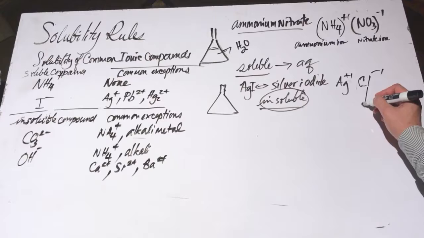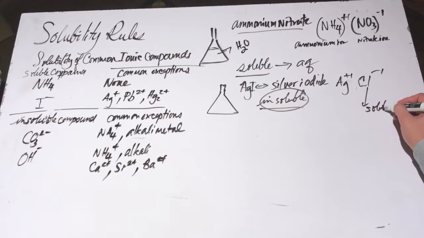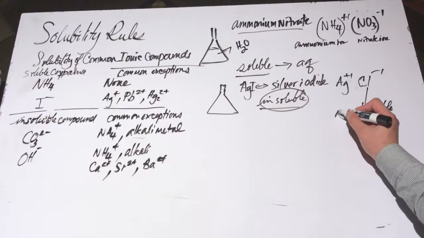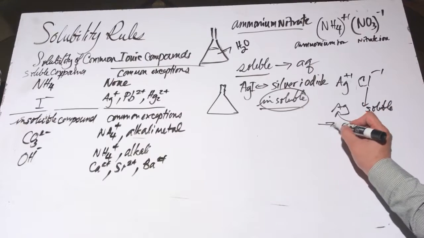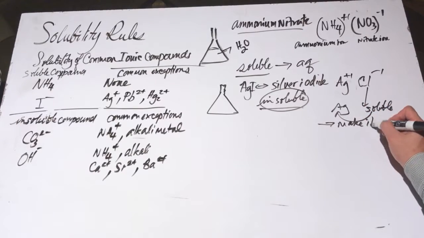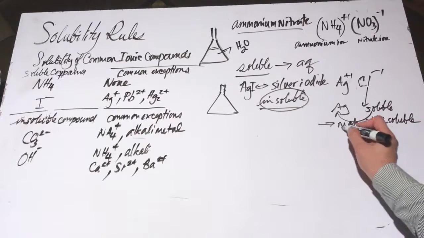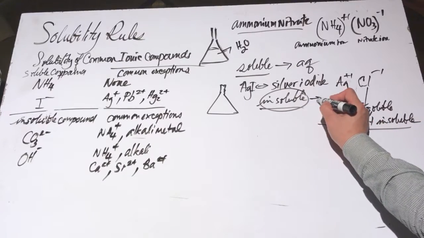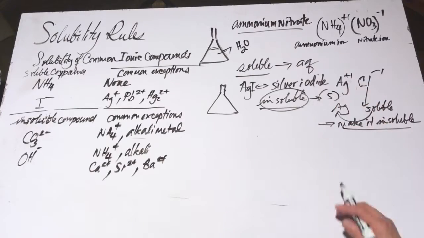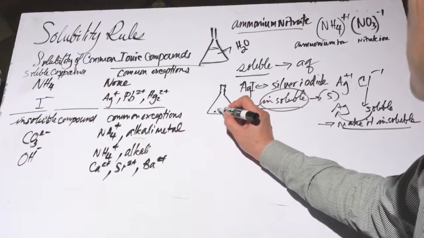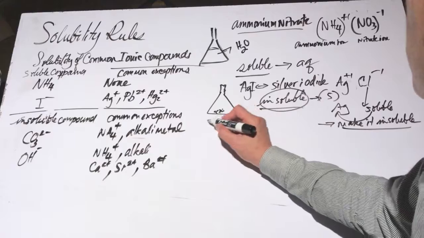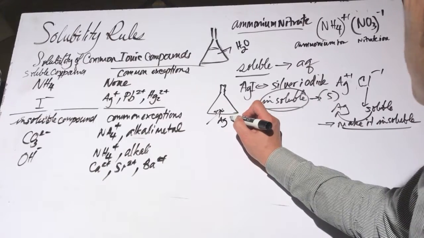So I'm just going to say this is soluble, but with this exception, it makes it insoluble. If it is insoluble, I will write it as a solid. What it means is that it will precipitate right there. So that will be AgI.